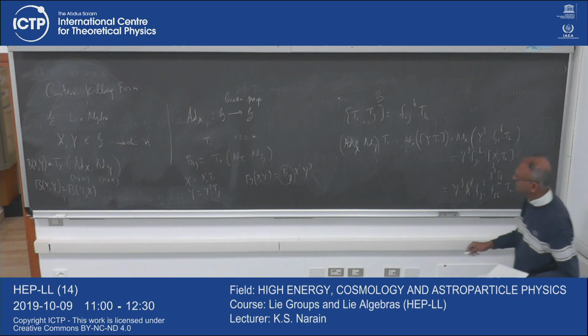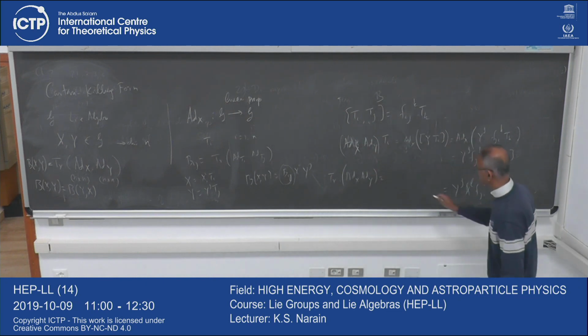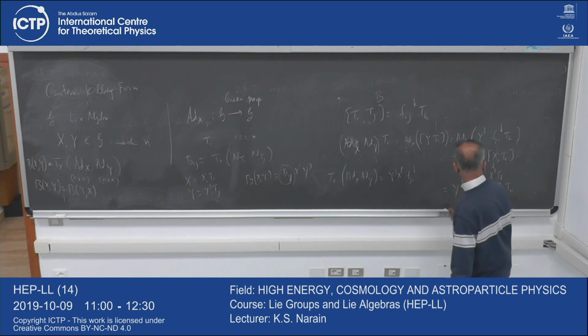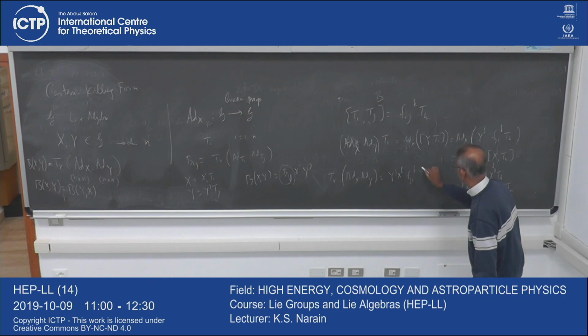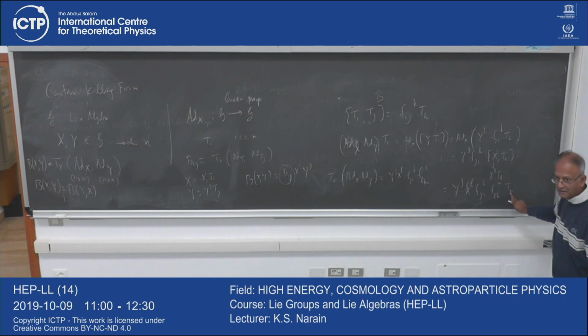So when I take the trace of ad x, ad y, that is simply y^j x^l f_ji^k f_lk^i, because I have to take the m equal to i term, because that will be the diagonal term.